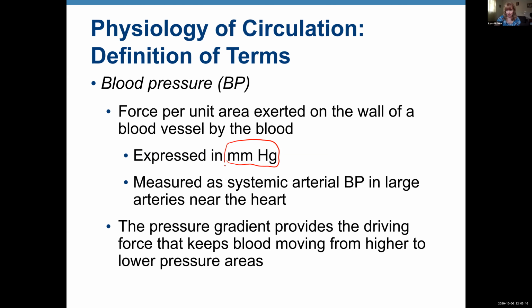We measure it when you hear a patient has 120/70, 120/80, or 110/70. This is the pressure in the large arteries near the heart, and the most common place to measure arterial blood pressure is the brachial artery.